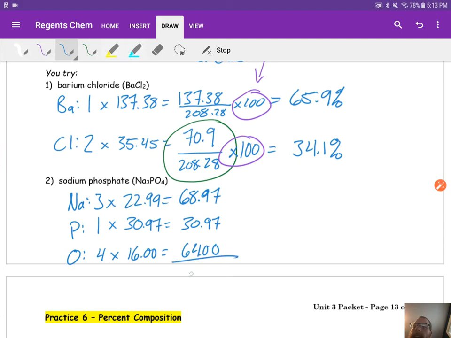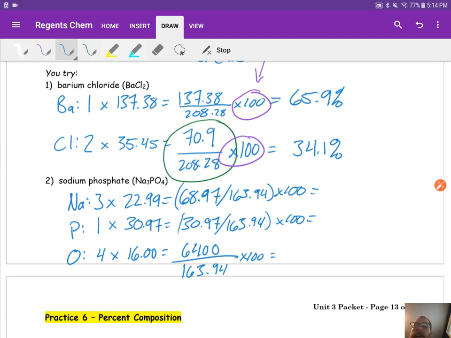When I add them all up, my total mass would be 163.94. So then I can just, that's easy there, times 100. I can just rewrite all of my fractions. So 163.94 in parentheses times 100, making sure that I'm showing all of my work so I don't miss easy points on the Regents or on my quizzes.